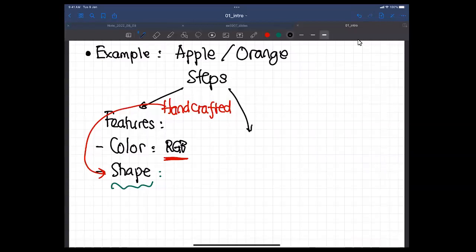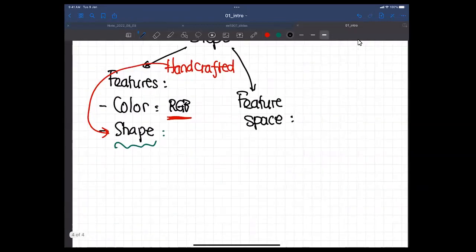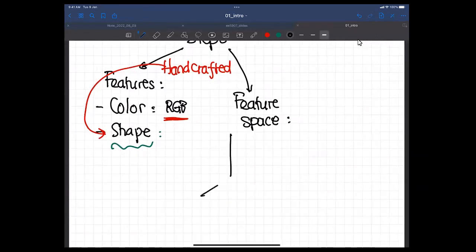Okay, so the second step, well, it's not necessarily the second step, but intuitively you have to transform these features into a space, which is called feature space. If we transform these features into feature space, especially in RGB, if we focus on color, then we will have RGB space, from 0 here to 255, the maximum pixel intensity value.